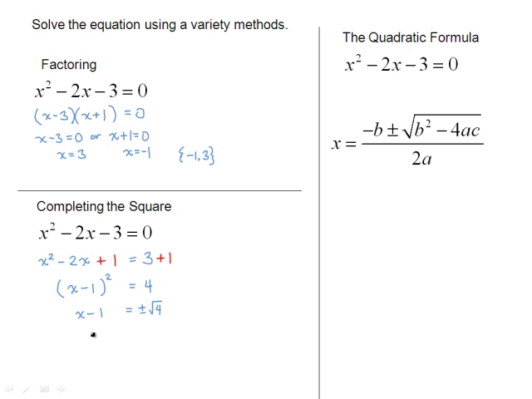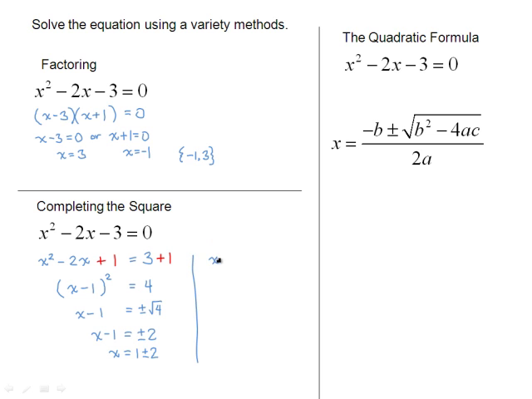We know the square root of 4 is 2, so we get x minus 1 equals plus or minus 2. Adding 1 to both sides, we get x equals 1 plus or minus 2. And then now we could write this in the longer form.